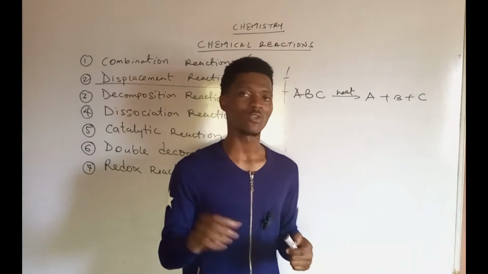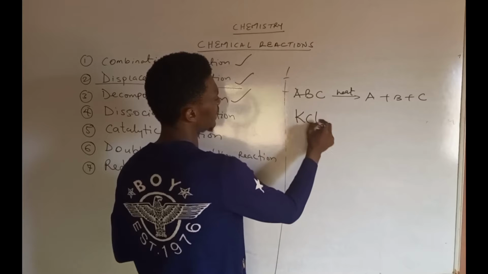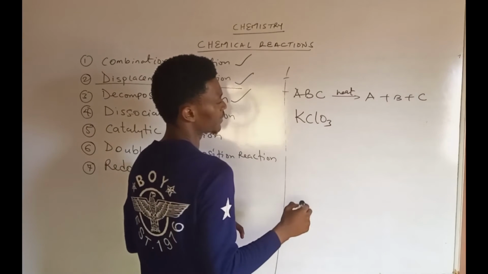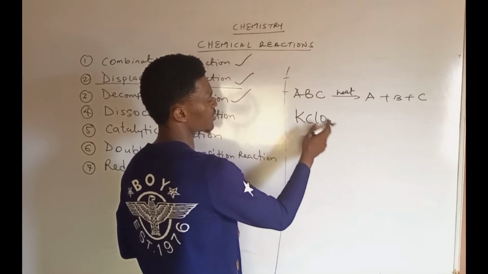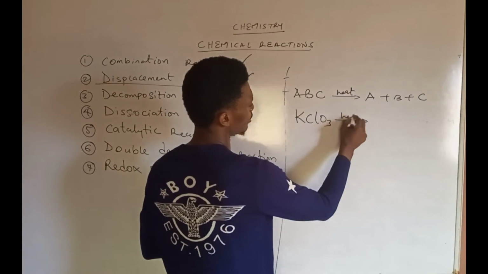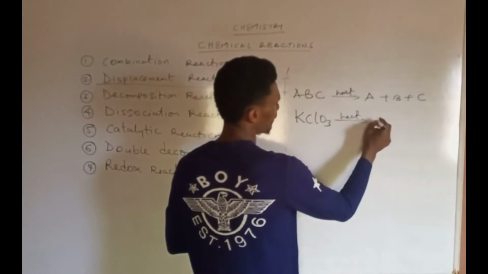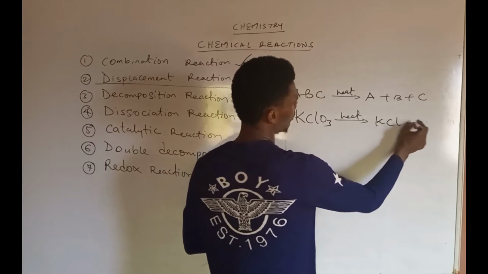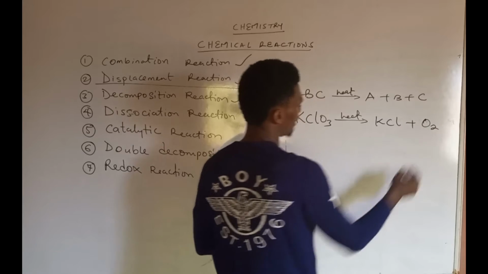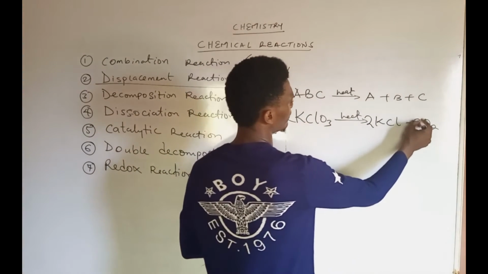Now, I can give you an illustration. For example, let's say we have KClO3. Now, of course, this is actually potassium chlorate(V). And then when you apply heat on this compound, it ends up giving you KCl plus O2. Balancing the reaction, you have 2 here, and then 2 here, and then 3 here.